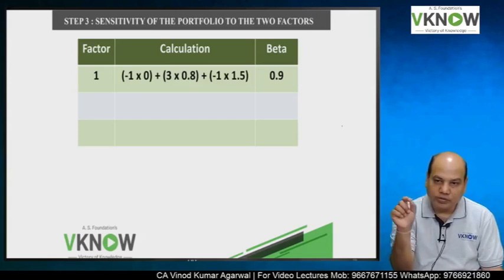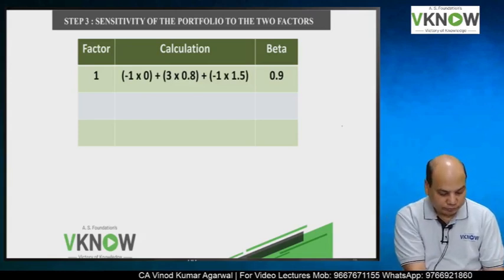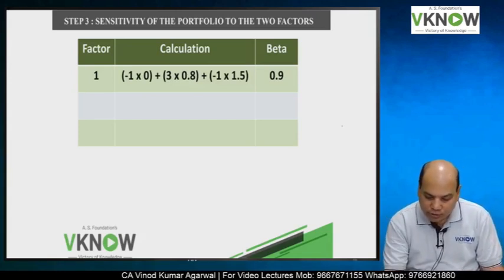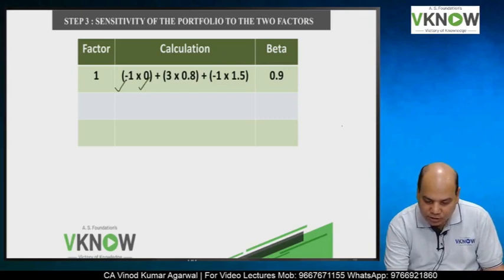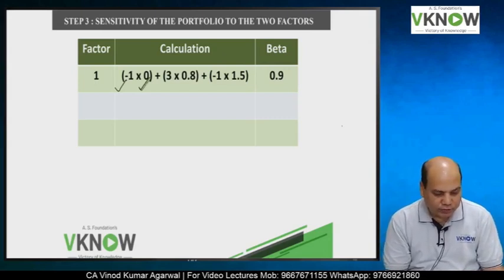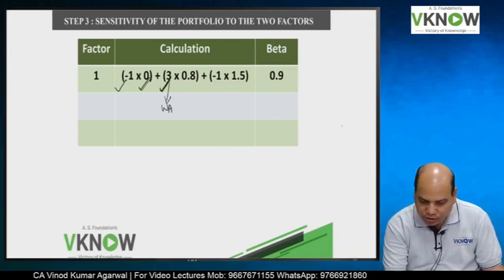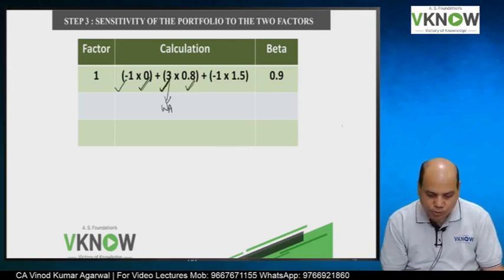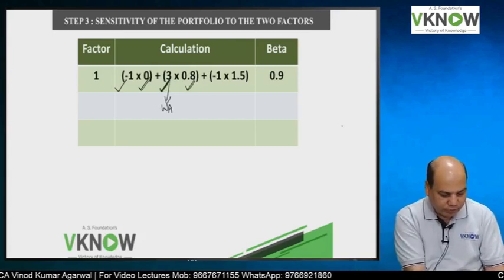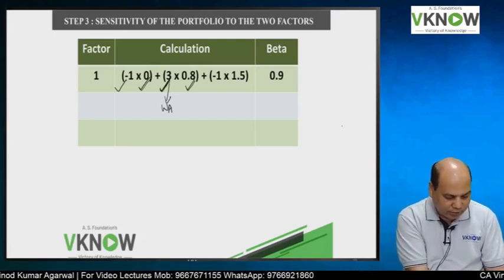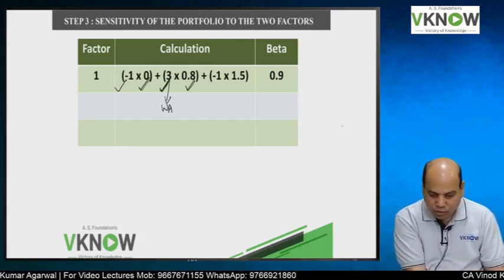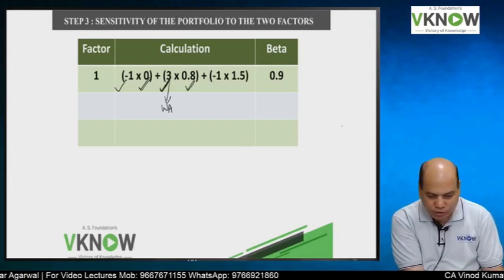Minus 1 is the weight of risk-free asset. This is the factor sensitivity of risk-free security. Plus, what is 3? 3 is the weight of security A into 0.8. 0.8 is the factor sensitivity of security A.